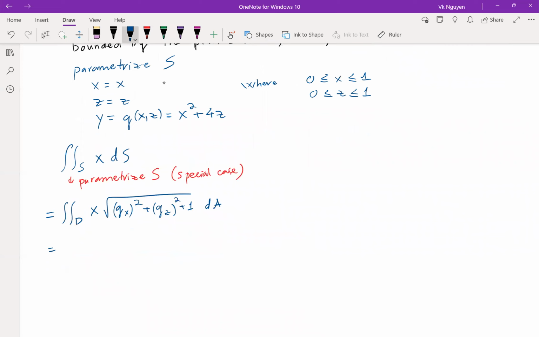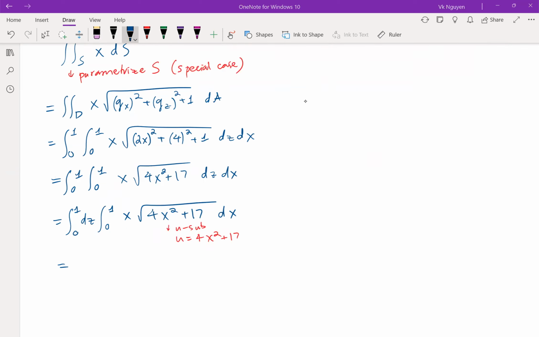And from here, I'm going to do the setup because if you look at the region D, this tells us the region D right here. 0 to 1, 0 to 1, x, the root of gx, so 2x squared, gz is 4 squared plus 1.